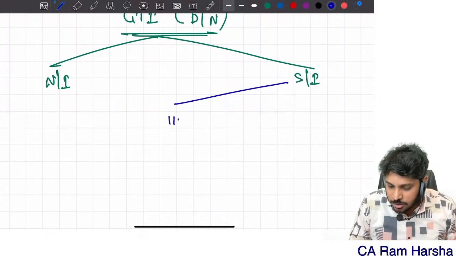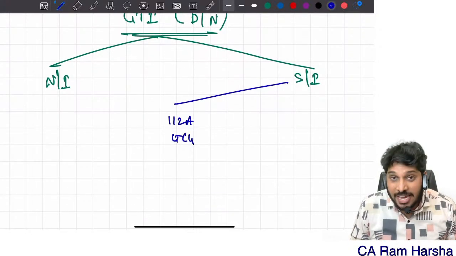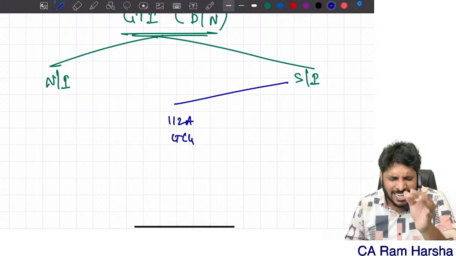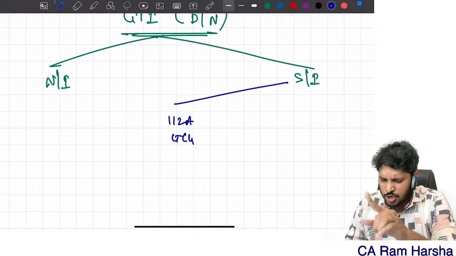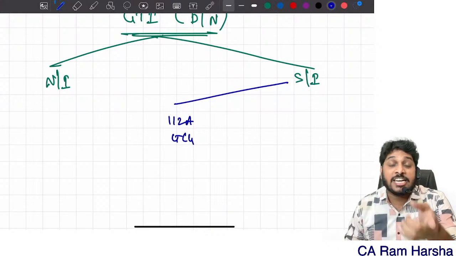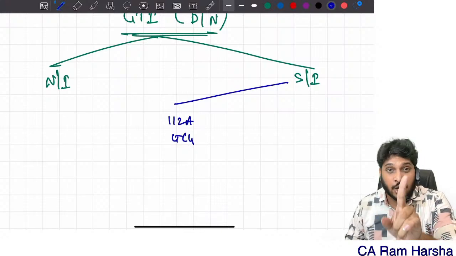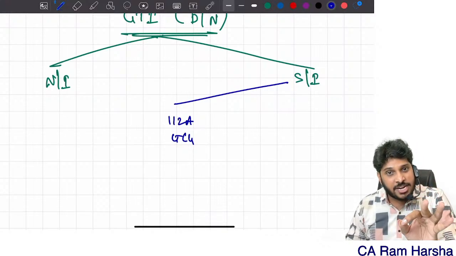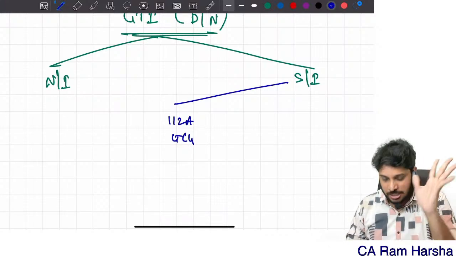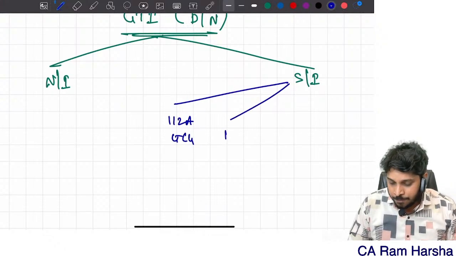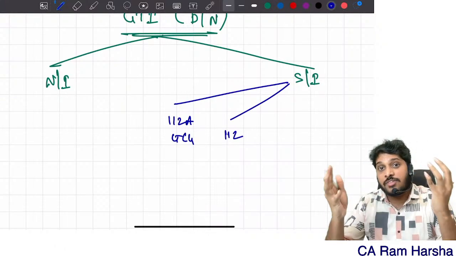Special incomes means 112A, long-term capital gain on listed shares, listed securities other than units. More specifically, listed equity shares, listed equity oriented mutual fund, units of business trust. Yes or no? 112A. Then 112, all other long-term capital gains.